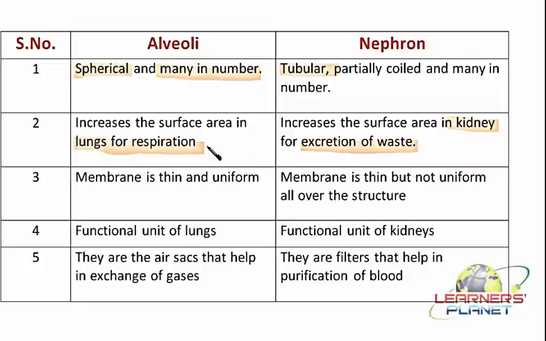Now, if you have to add an extra point while answering in your exam, you can simply add that the alveoli are involved in the exchange of gaseous molecules, whereas the nephron is involved in the exchange of liquid water as well as certain other solid particles. So this is another difference between the alveoli and the nephron. Further, the outer membrane of the alveoli is thin and uniform.